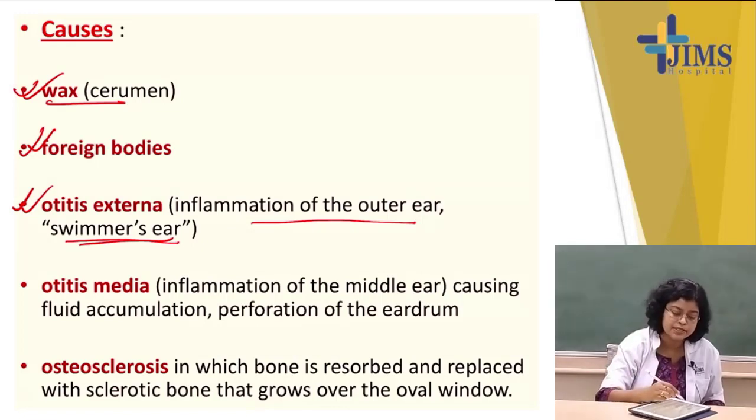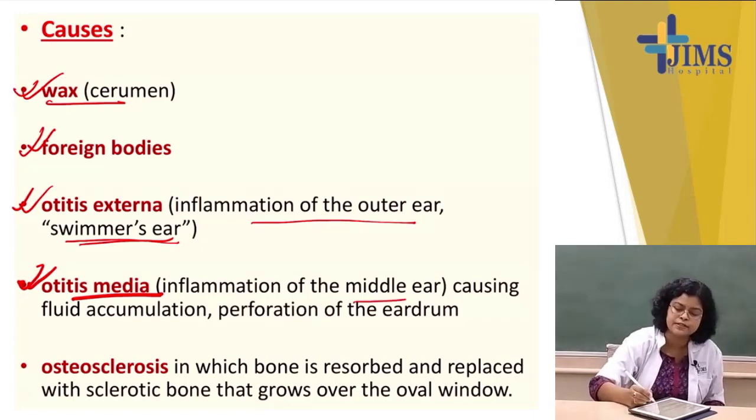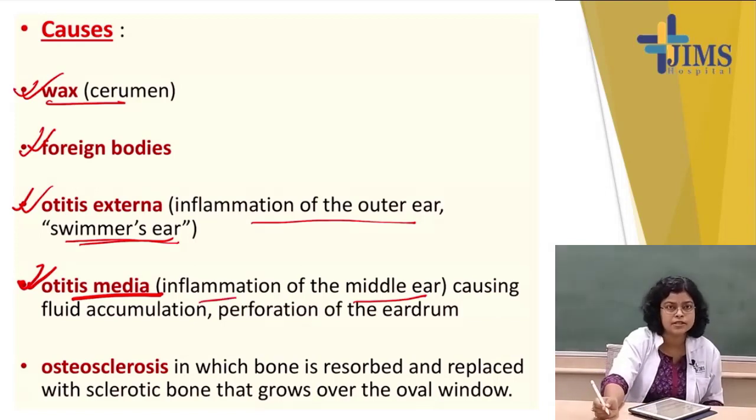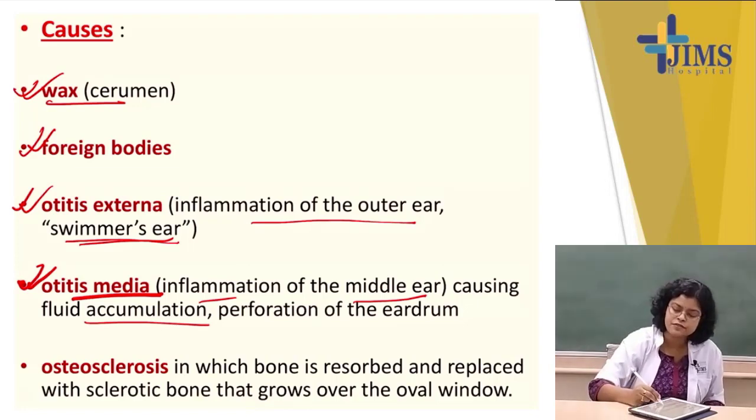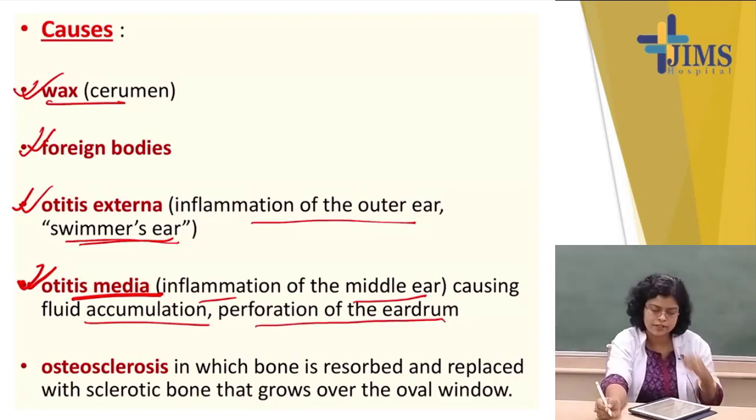Then otitis media, which means inflammation of the middle ear. There is fluid accumulation in the middle ear, and if kept untreated, that will lead to perforation of the eardrum, the tympanic membrane.